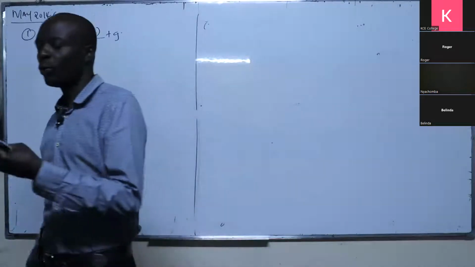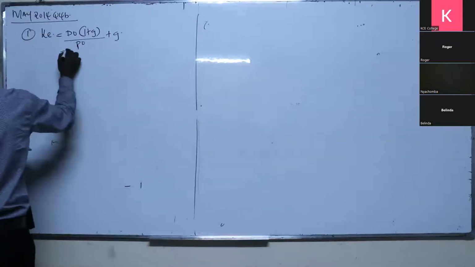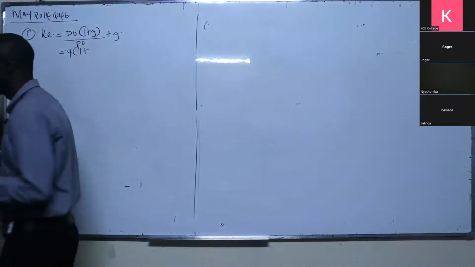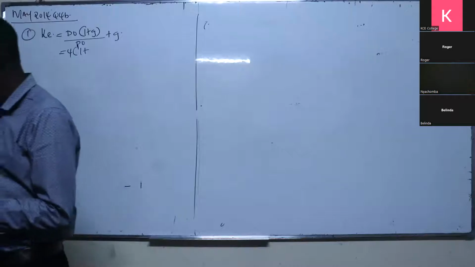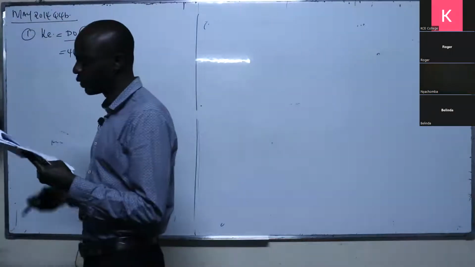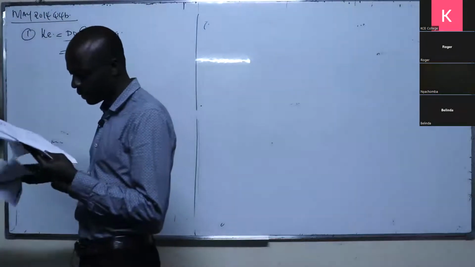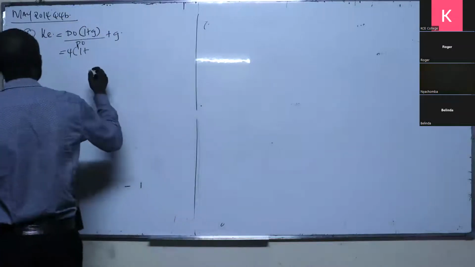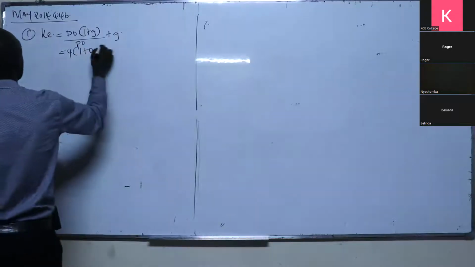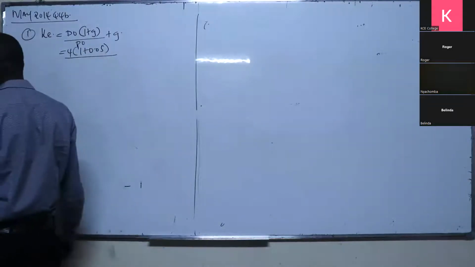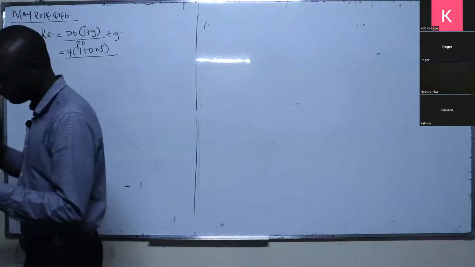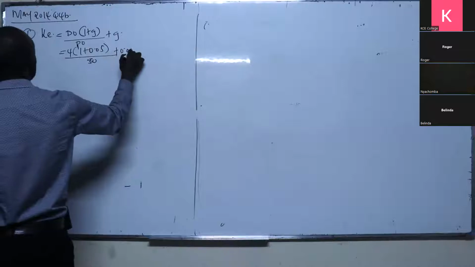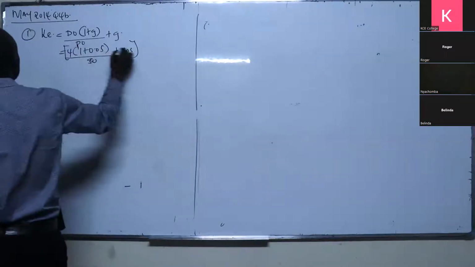So what is our D0? It is 4, multiplied by 1 plus g. The growth rate is 5%, so 0.05, over the market price per share, which is 80, plus 0.05. Of course, this answer you multiply by 100.